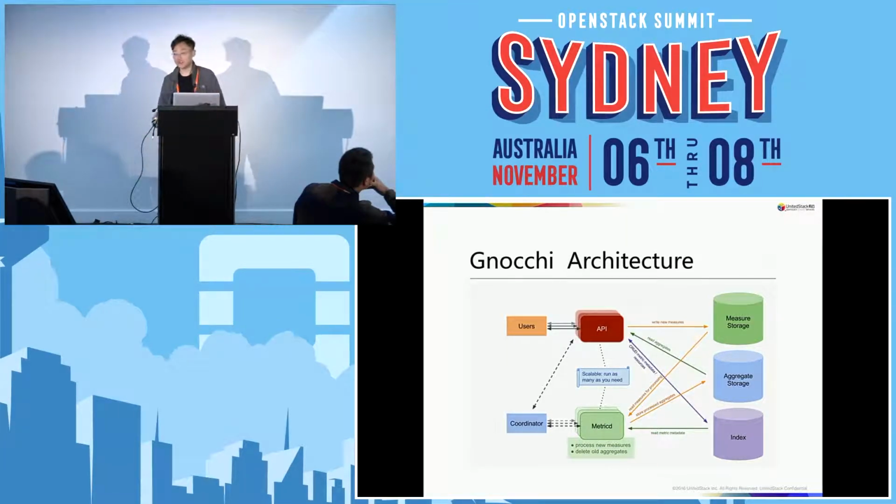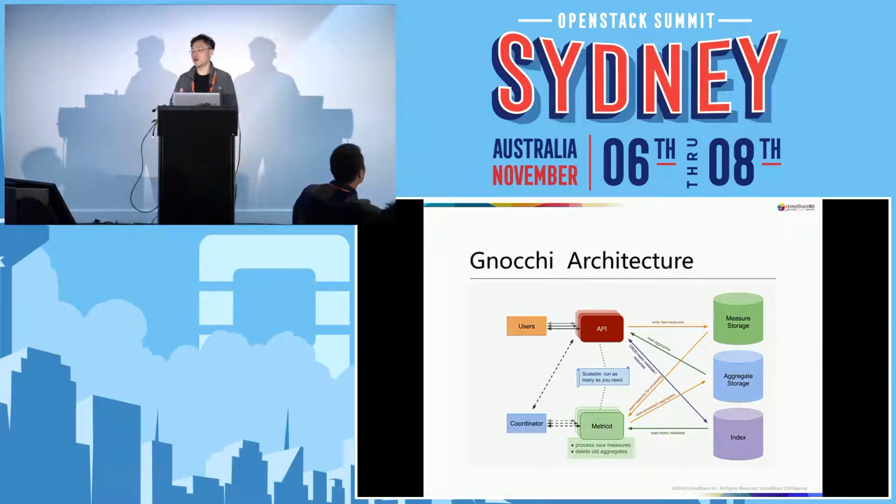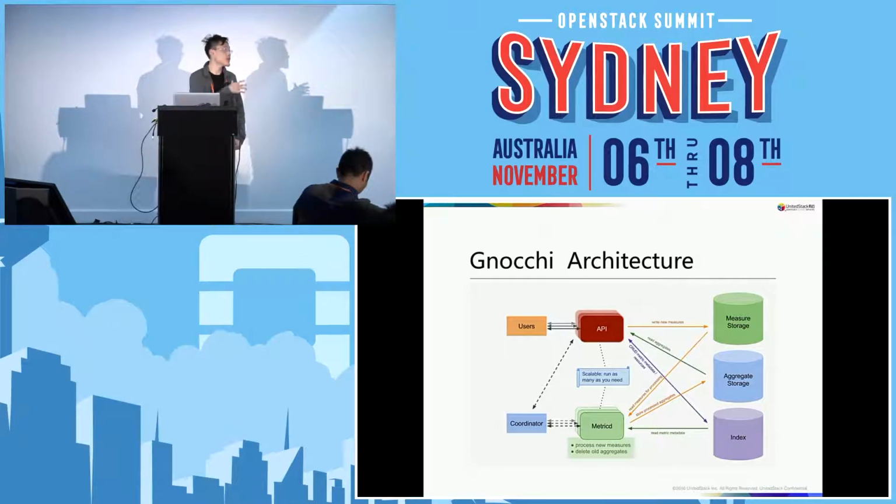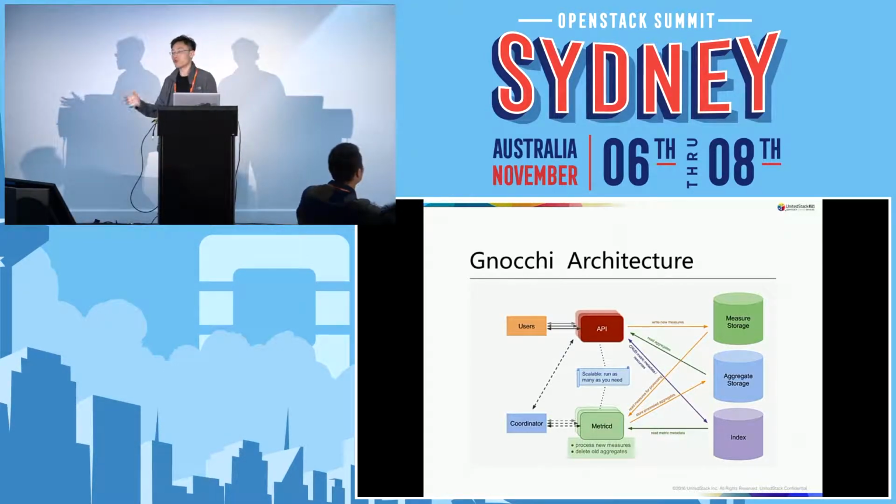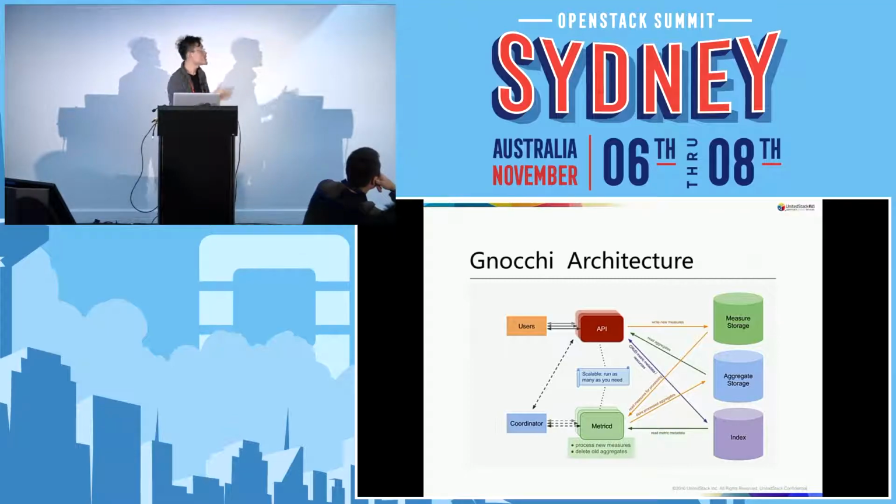One is the measure storage and one is the aggregated storage. The measure storage holds the incoming measures from the API, which are temporarily stored. The aggregate storage aggregates data from the measure storage, according to the metric's archive policy. And the index storage stores the metadata, resource IDs and so on.